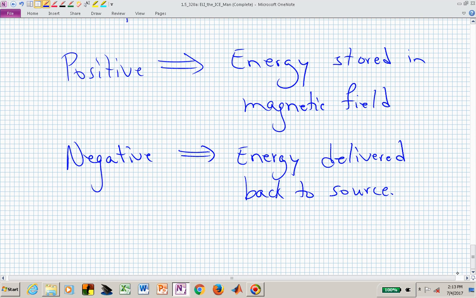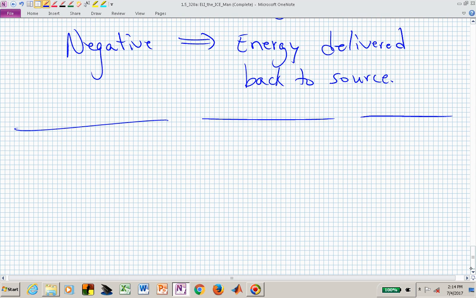Meaning if we have this inductor in this sinusoidal steady state condition, the magnetic field is expanding and contracting, and as it's doing that, it's absorbing energy and then it gives it off. It's absorbing and releasing, absorbing and releasing. Power companies are probably not too happy with us just inflating and deflating, or expanding and contracting, because they're having to deliver or supply that current.